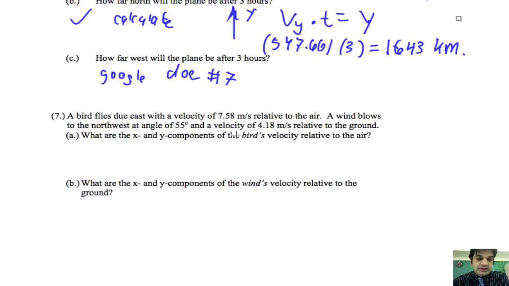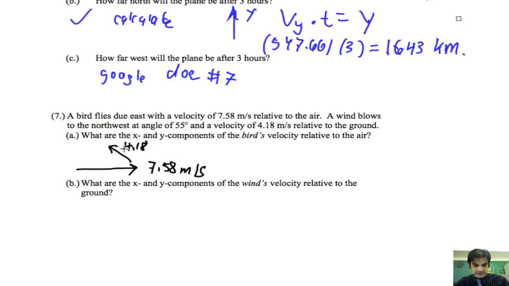Now, for number 7, this is really quite a tricky one, so let's try to figure this out. First, we've got a bird, and it goes due east at 7.58 meters per second. Then we have this wind that blows northwest, and I'm just going to write this as 4.18, and it goes northwest at an angle of 55 degrees.